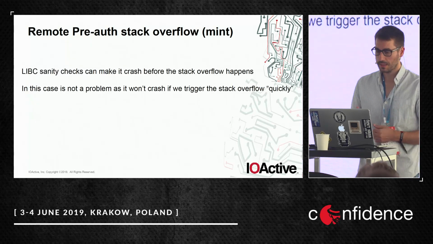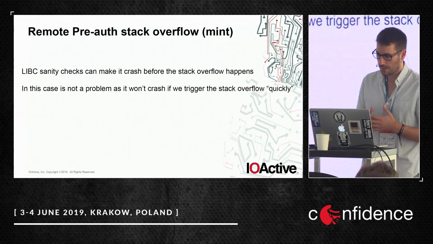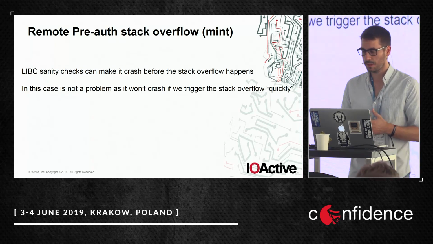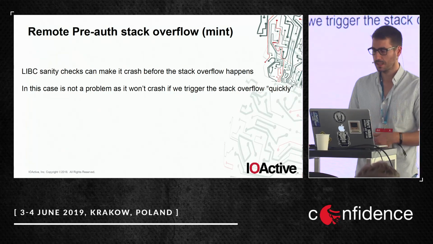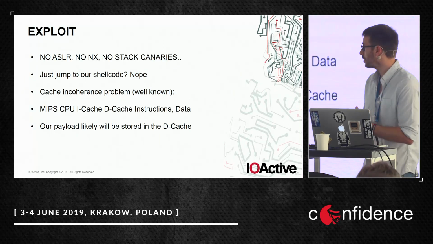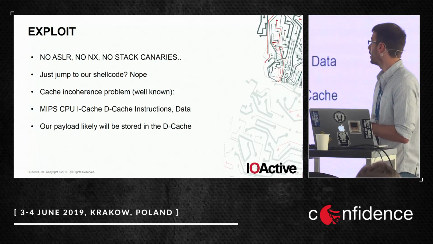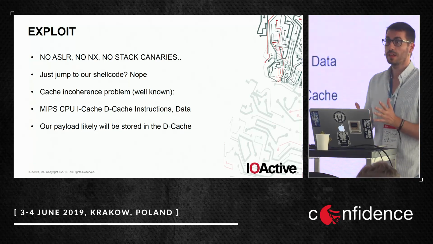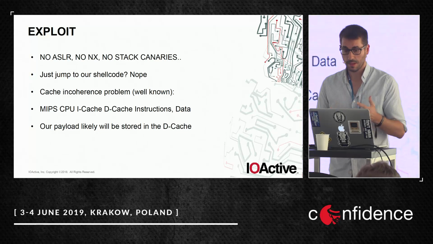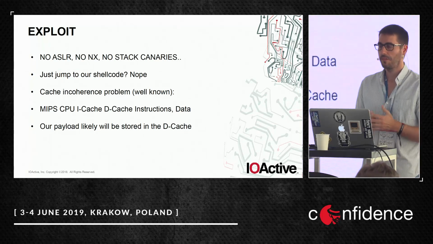But in this case, it's not going to be a problem because if we execute the chain of the exploit more or less quickly, the LIBC sanity checks won't be triggered and it won't ruin our exploit.